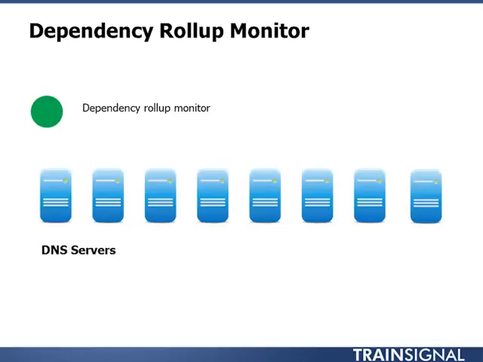Now, previously I talked about the fact you may have a bank of DNS servers. With an aggregate roll-up monitor, if you have a worst state health policy, once one of those DNS servers bites it, then the entire health of the group is going to go red. With a dependency roll-up monitor, you can say, okay, I've got 8 DNS servers. If 4 of them are still available, everything's good.